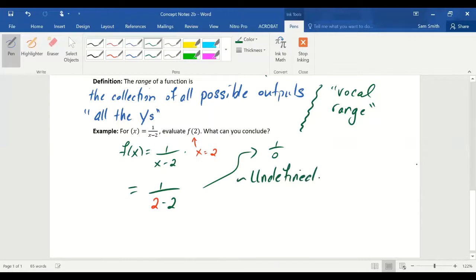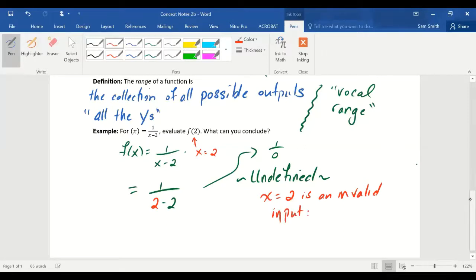This is undefined. So I plugged in, or tried to plug in x equals 2, but I didn't get any number yielded back. So that means that x equals 2 is an invalid input. And so what would I conclude based on that?